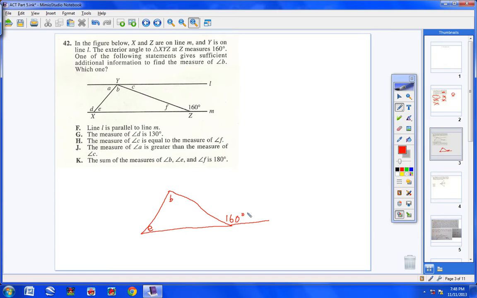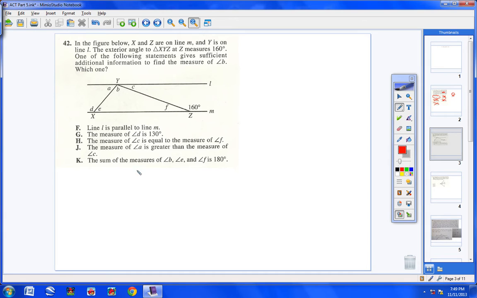So if you're ever given an exterior angle of a triangle and you know one of these angles, like let's say this is 30 degrees right here, then you know this angle here has to be 130, because these two are called remote interior angles. These two remote interior angles will always add up to, or their sum will always equal, this exterior angle out here, always. So that's what they're kind of wanting you to remember in this problem.